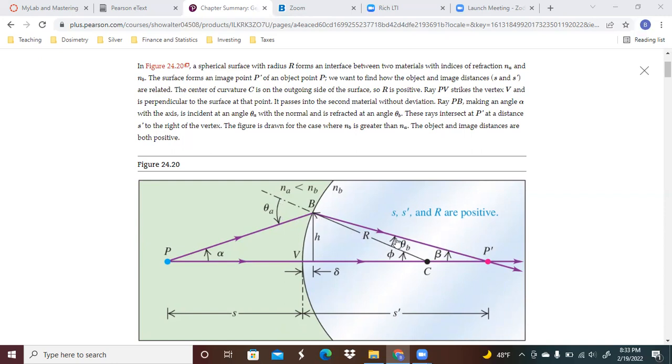When it gets refracted, it gets refracted at this particular angle here. These rays intersect at P prime at a distance s prime to the right of the vertex. The figure is drawn for the case where n_b is greater than n_a. The object and image distances are both positive.